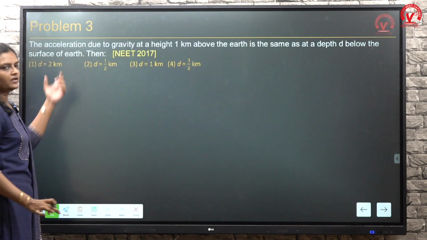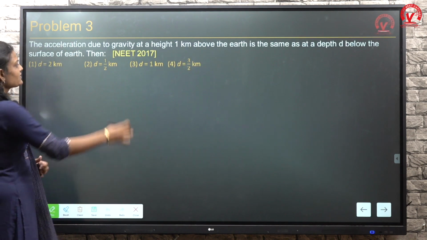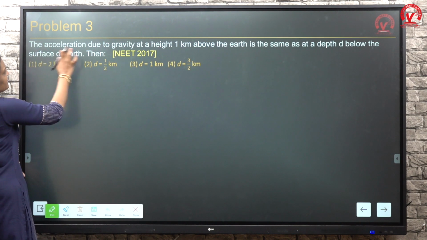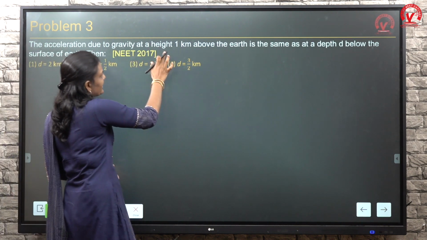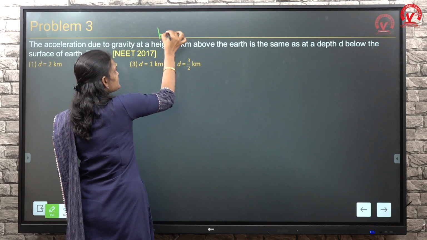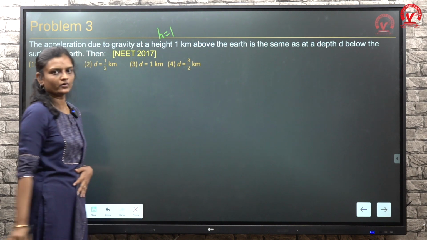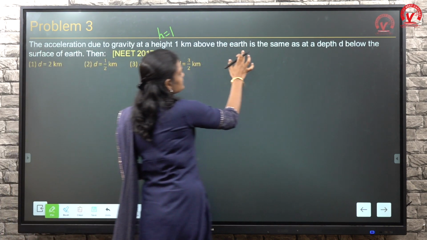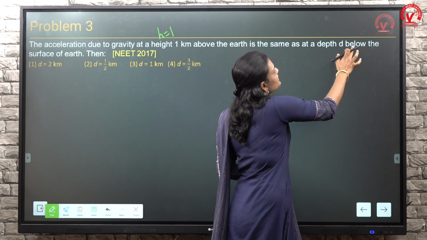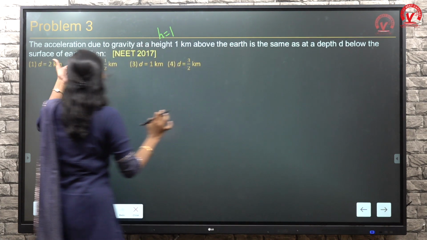Now problem number 3. This was asked in NEET 2017. The acceleration due to gravity at a height of 1 kilometer above the surface is the same as that at a depth d below the surface of the earth.